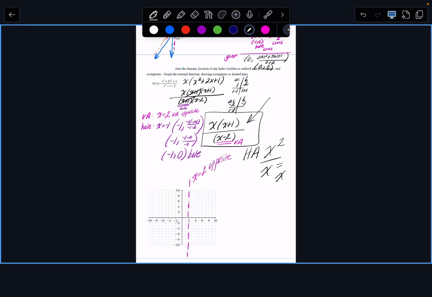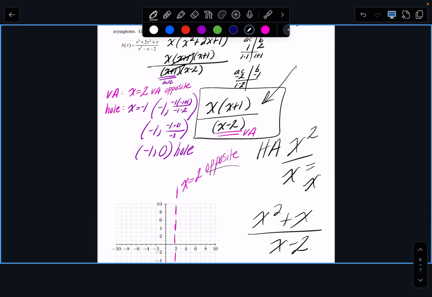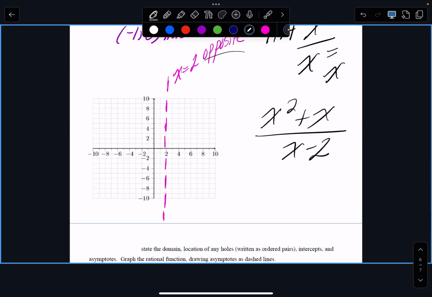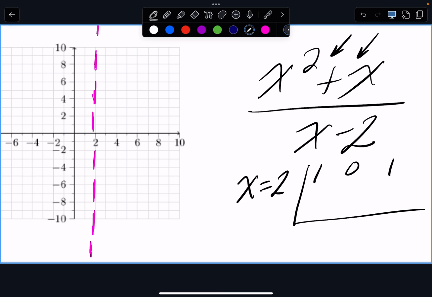So you have to have it in standard form. So x squared plus x divided by x minus 2. See, I distributed out the top so that I can do synthetic division. So we're using x equals 2 for synthetic division. 1, 0, 1. Oh, why did I put a 0? Was that crazy or what?